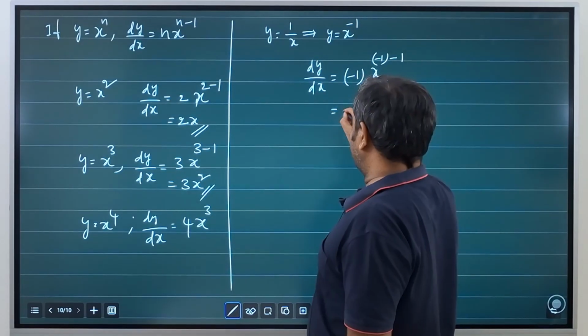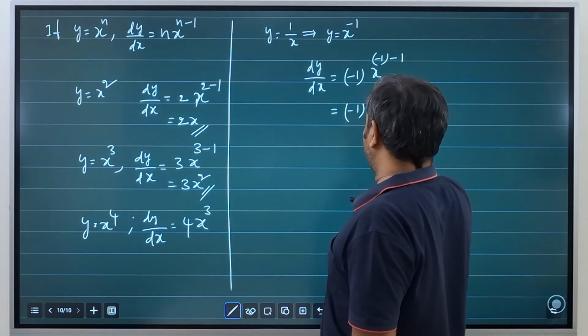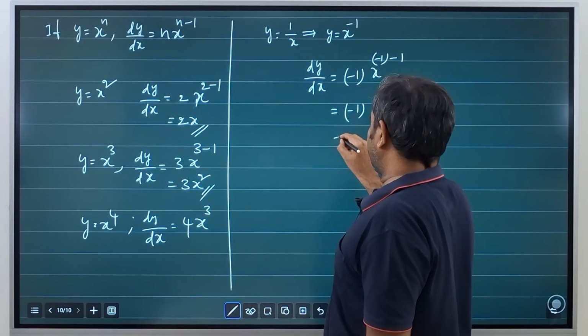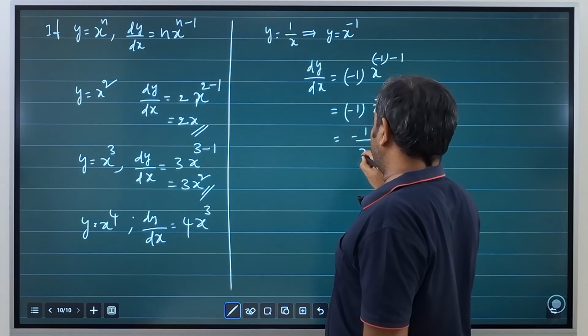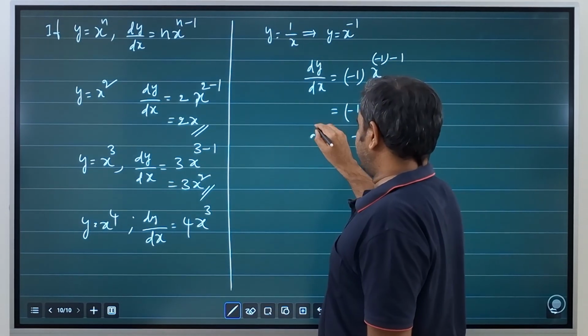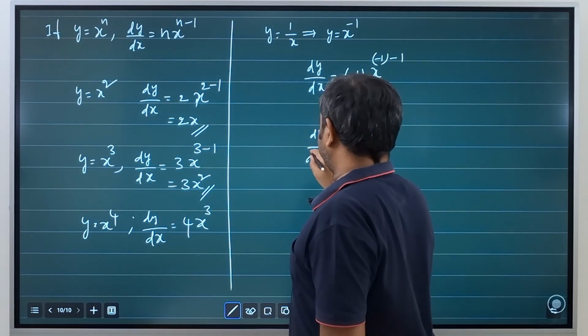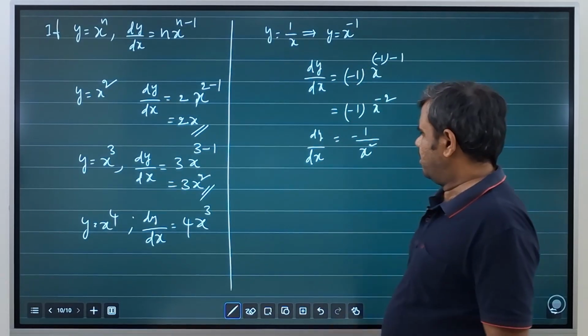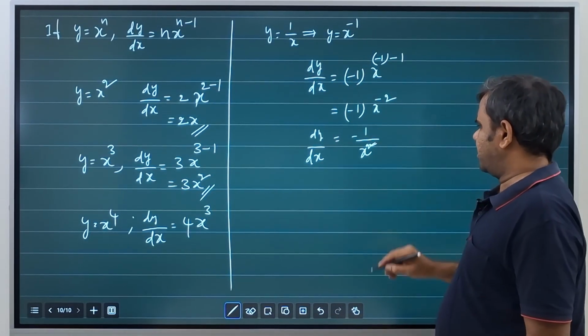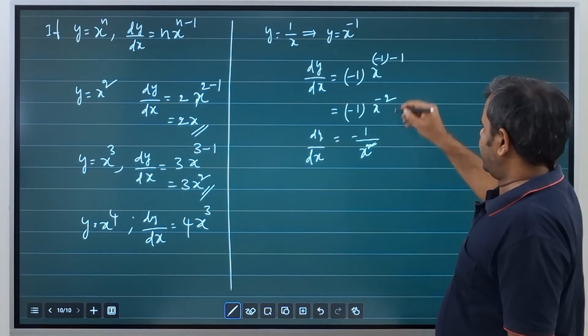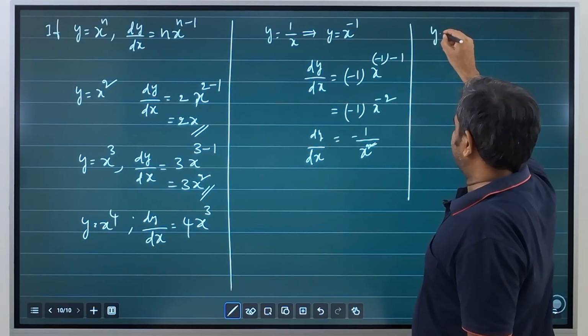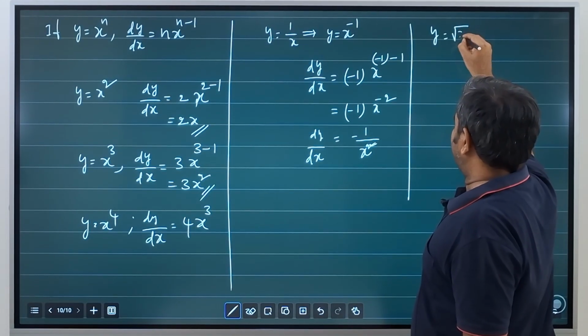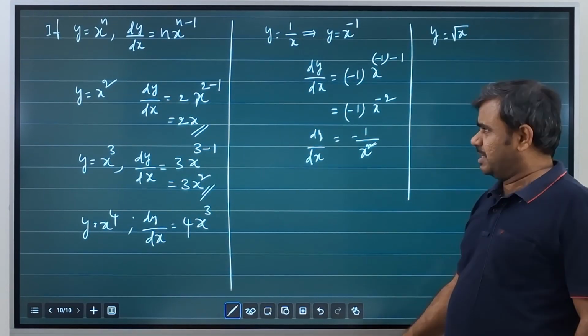So when you simplify this, you will get minus 1 into x power minus 2, or this is minus 1 by x squared. So like this, we can write derivative of all functions in this format.